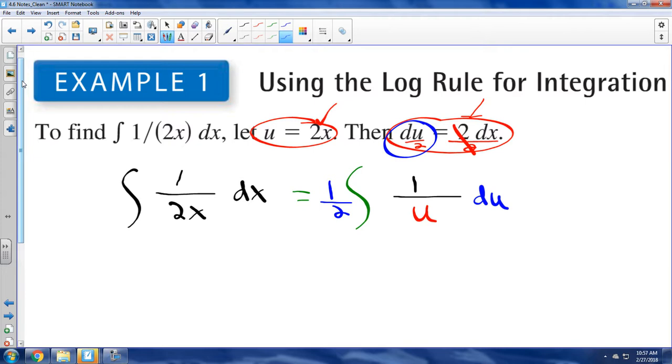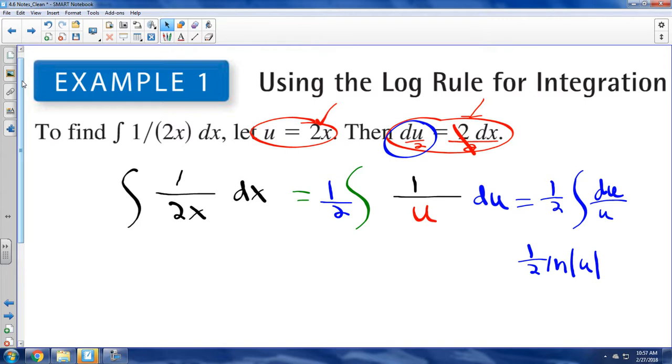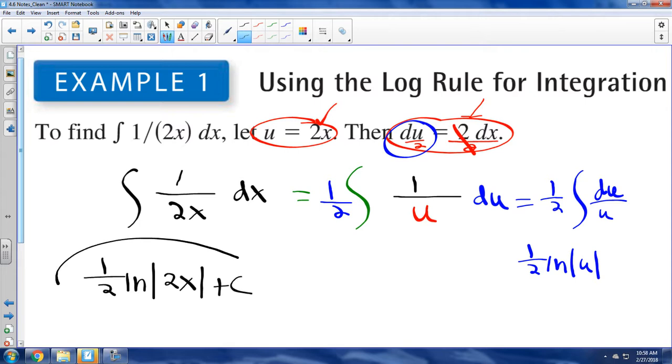At that point, this is the form, or you can rewrite it as this if you want: derivative over original. That's going to give you ln of the absolute value of u. Of course, you can't leave u in that term, so you need to have 1/2 ln of the absolute value of, and what was u? It was 2x. Plus c, don't forget.